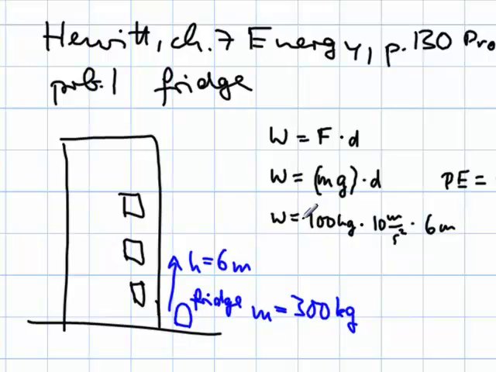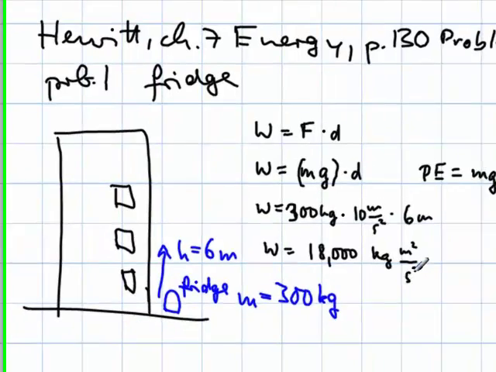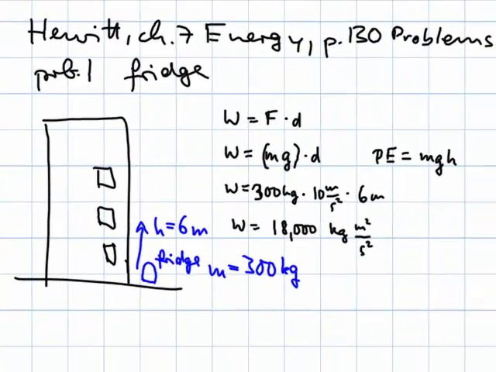I'm sorry, it wasn't 100 kilograms, it was 300 kilograms. So work equals 300 times 10 times 6, which is 18,000 kilograms meters squared divided by seconds squared. And because this is all base units, we have the abbreviation joules for that.